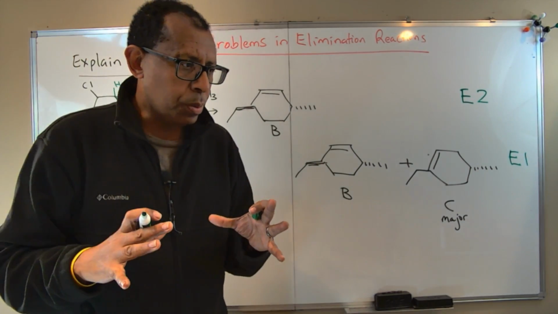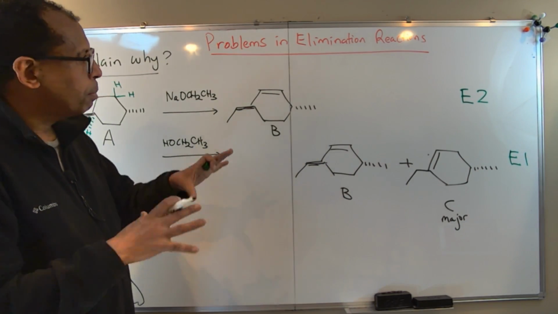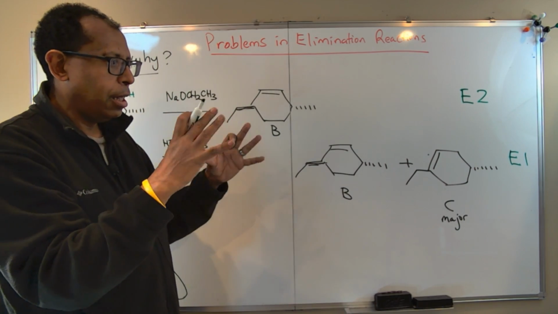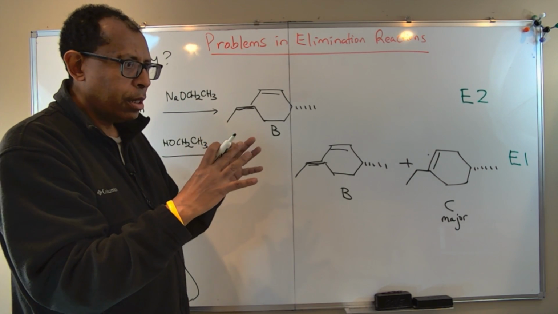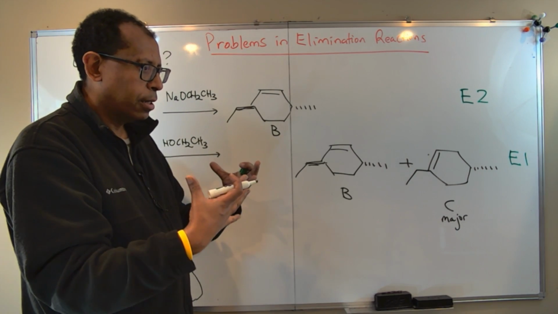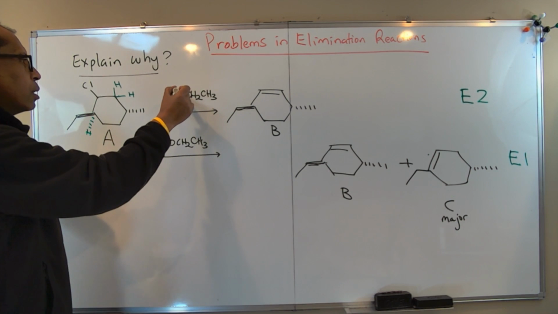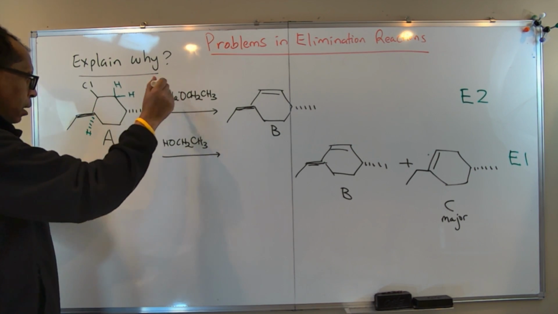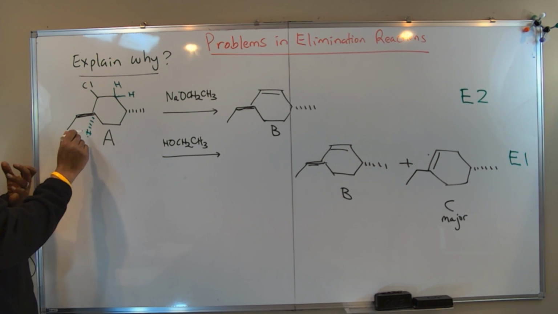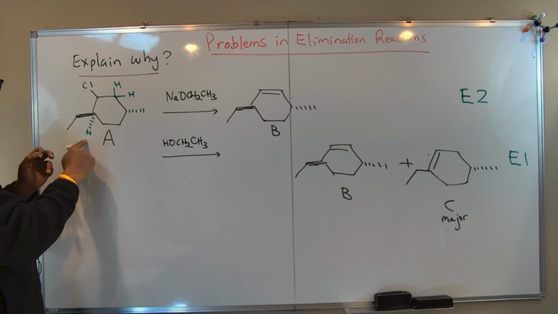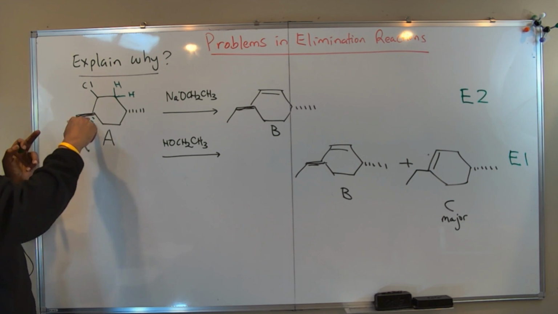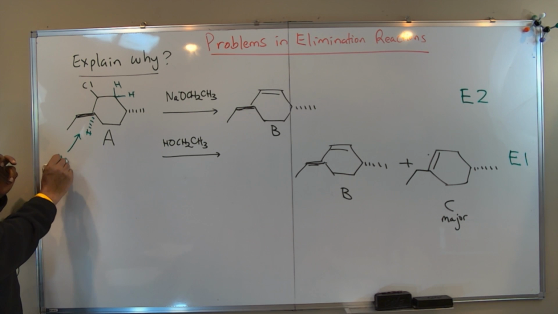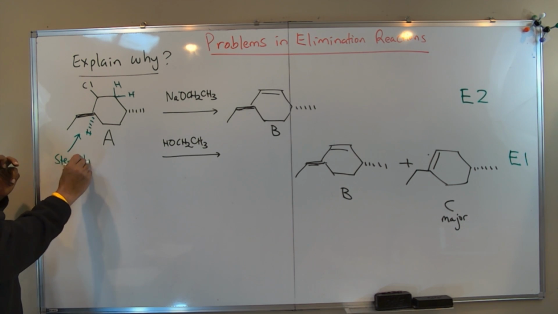So in E2, in the transition state, both are implicated. That means anything that is sterically crowding cannot be a feasible transition state. So the base comes in and pulls off this proton, or pulls off that hydrogen. It didn't pull this hydrogen because this area is bulky. So this proton is sterically hindered.